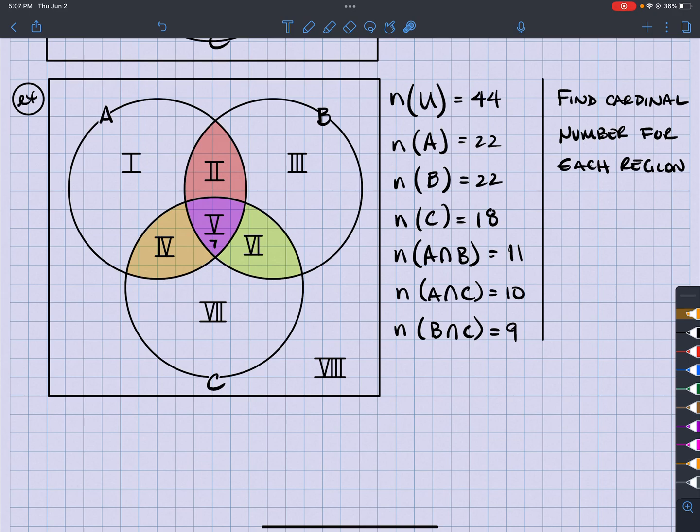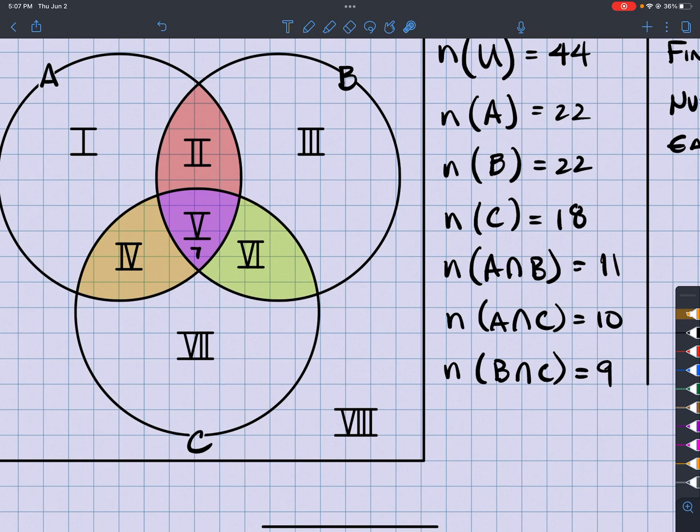But since the purple is already done, do you want to do the red, yellow, or the green? Great, let's stay with the numerical order. So 2 comes before 4 and 6, so let's do 2 first.